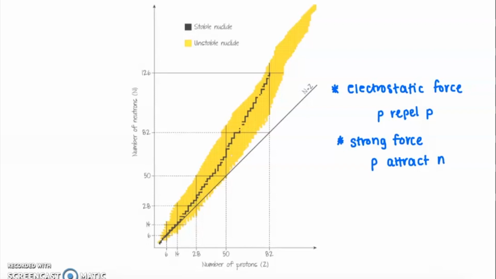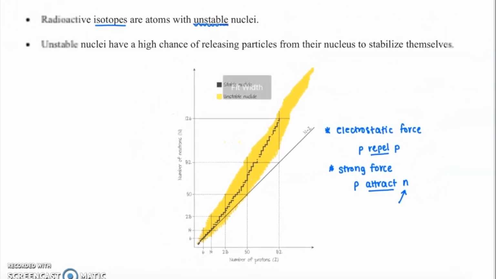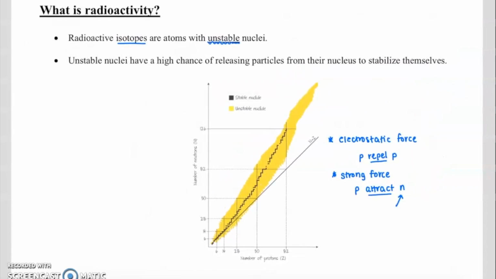So as you can see, the number of neutrons here becomes really important to increase that strong force to the ideal amount so that the repulsion from the electrostatic force and attraction from the strong force are balanced, making our nucleus stable. So that's really all radioactivity is: taking an unstable isotope and releasing some particles in order to stabilize it.